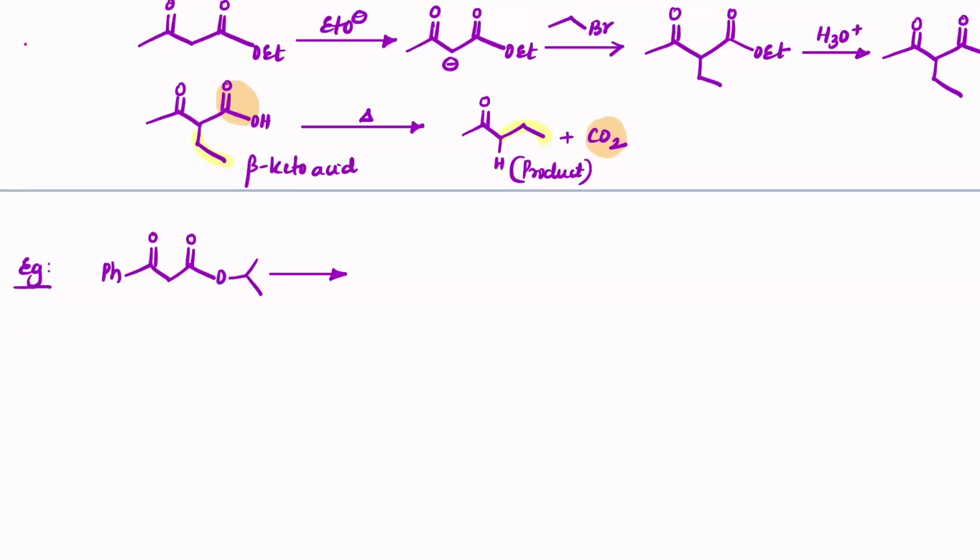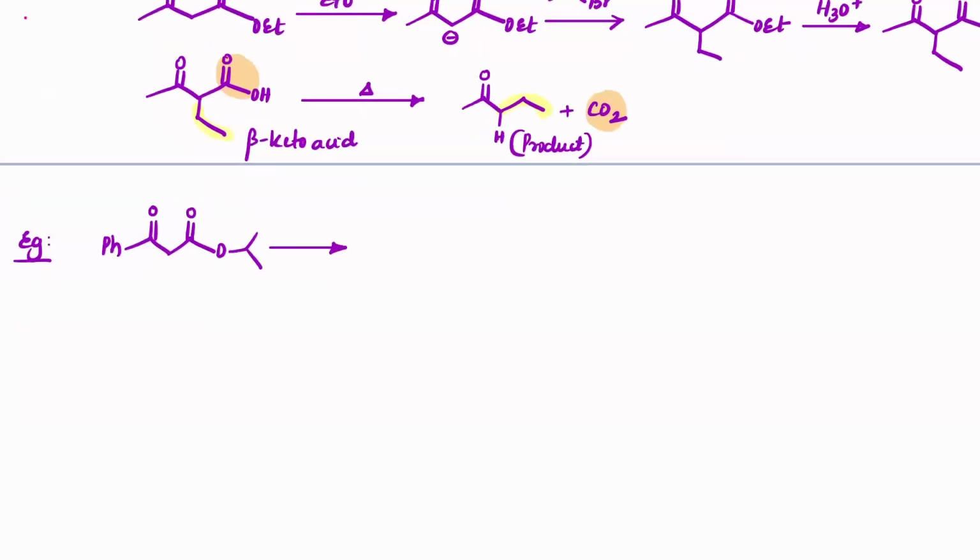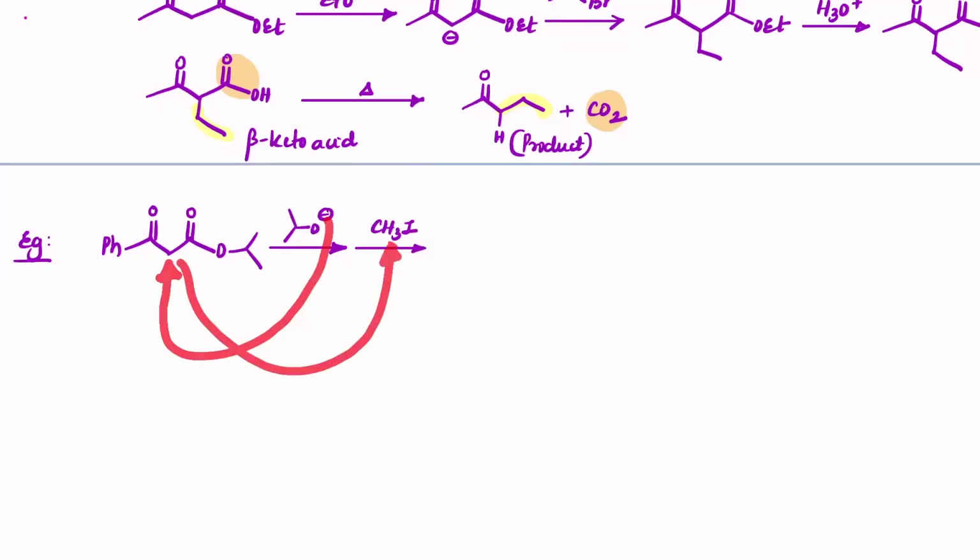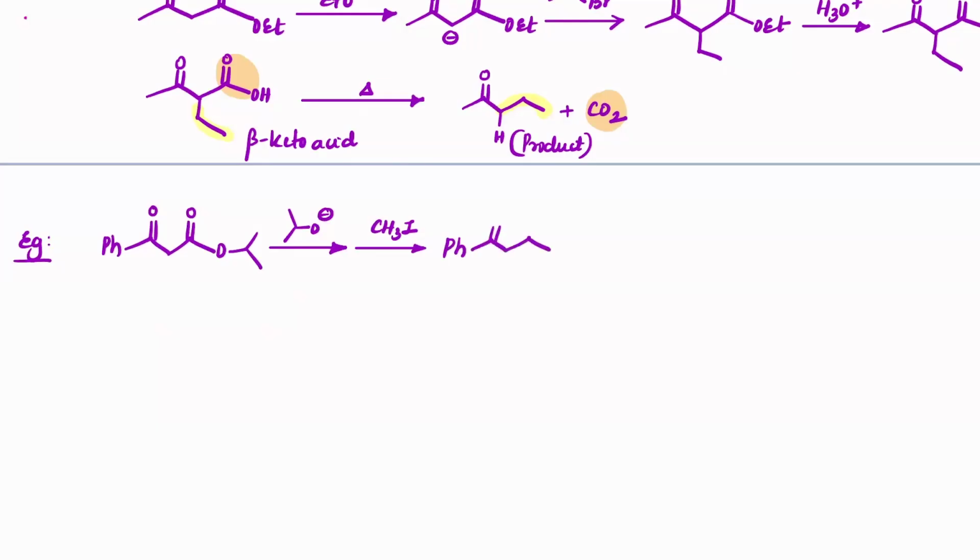And now what I'm asking you is, you react this with isopropoxide, followed by CH3I. So it is clear that first this isopropoxide will take H plus from here and that will attack CH3. So the first product you will get here is double bond O, double bond O, with the isopropoxide here and CH3 formed.